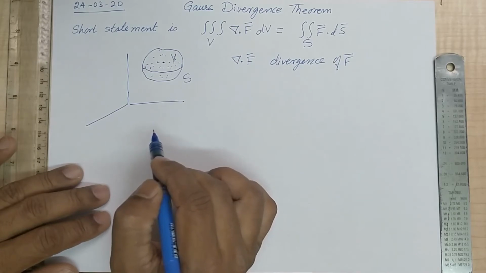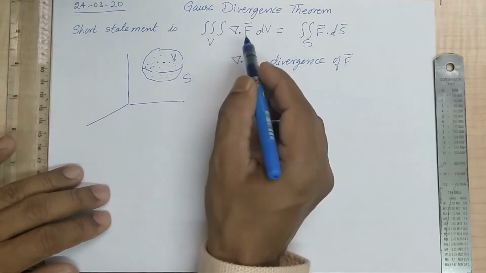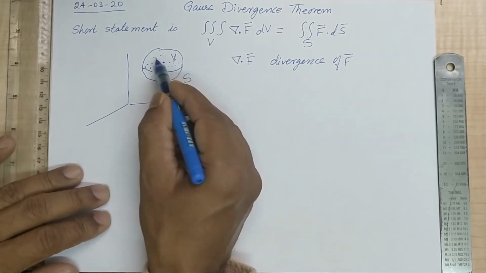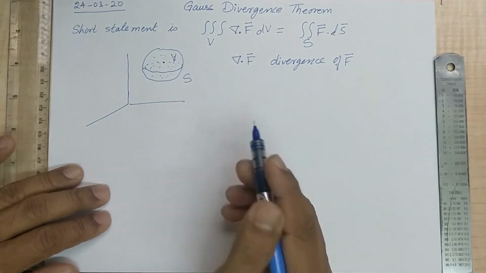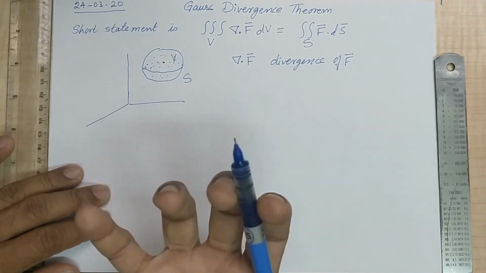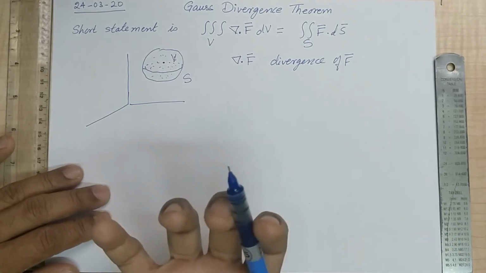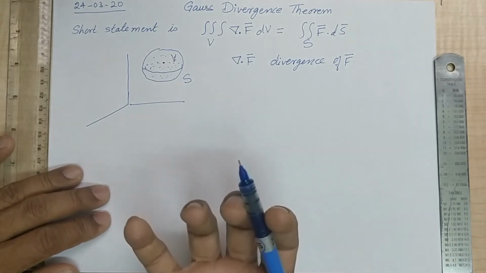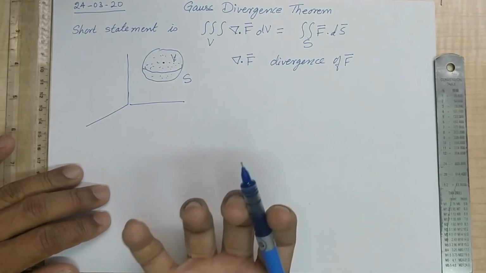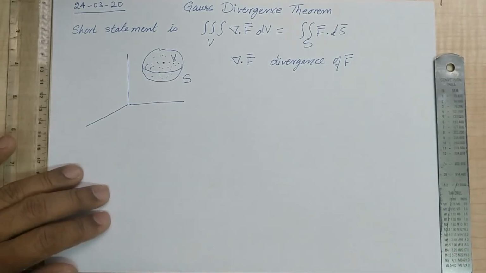So when you're looking at the left hand side, you're looking at how much mass is being generated at each point of V, and that will be the total mass generated at V. Now this mass could be positive or negative. So the left hand side is actually looking at the sum total, the net mass generated by all points of V.